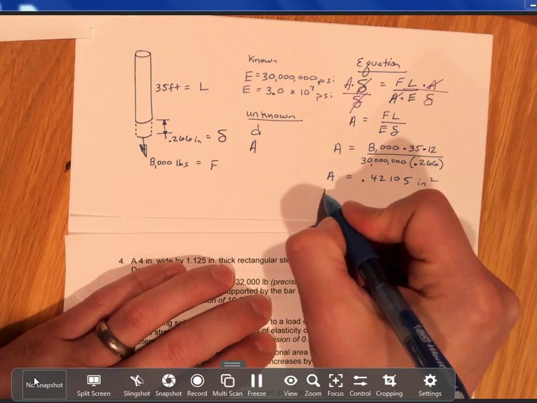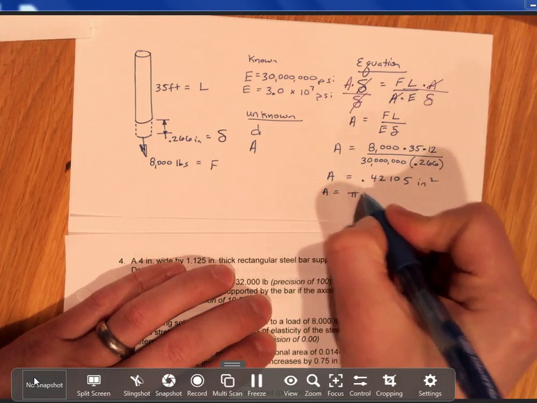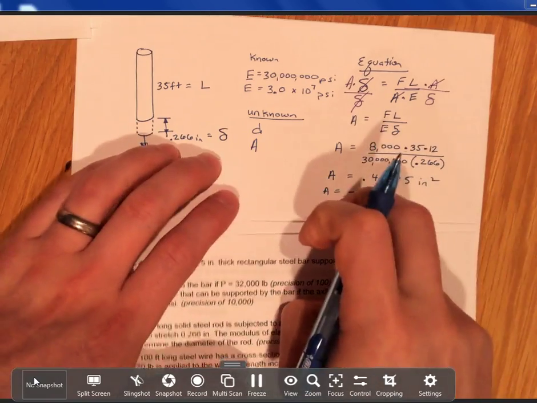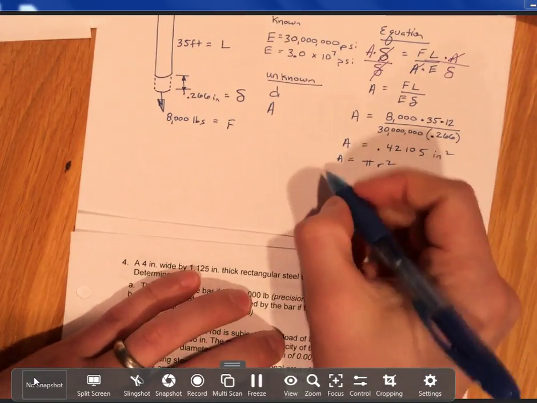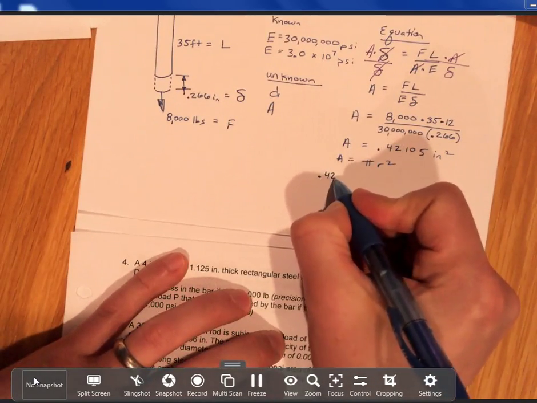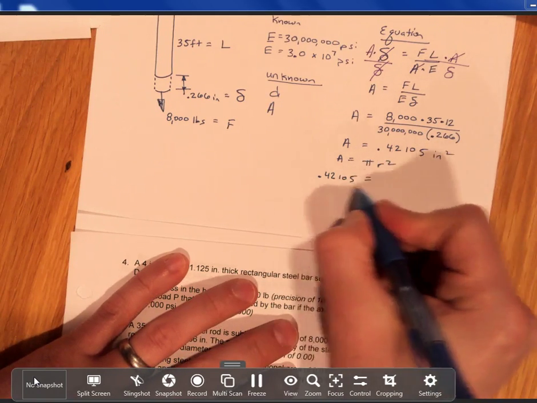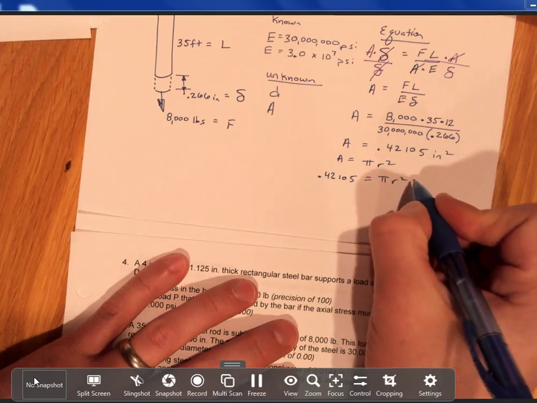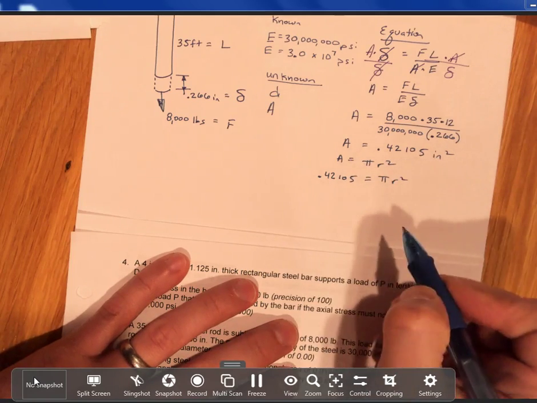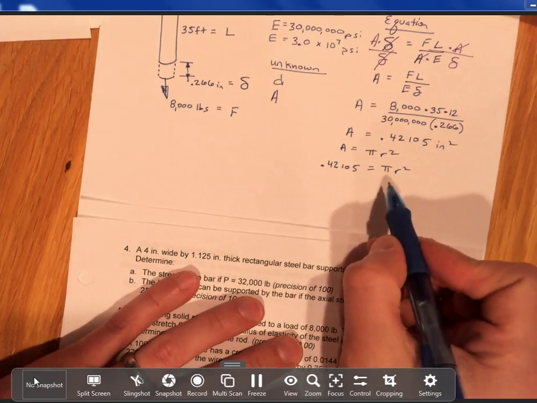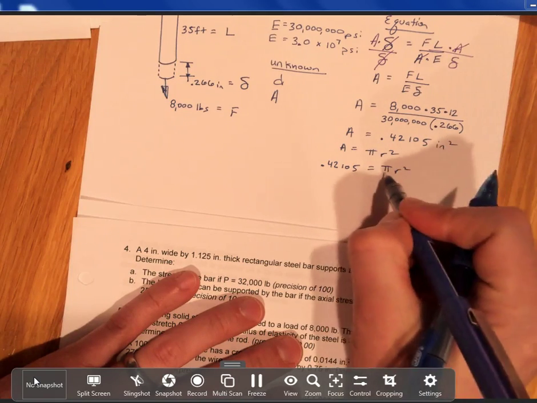So area is equal to pi r squared, right, of a circle. So if I take this 0.42105 and say that is pi r squared, then it's 2 steps to solve for the radius. Step 1, divide by pi.